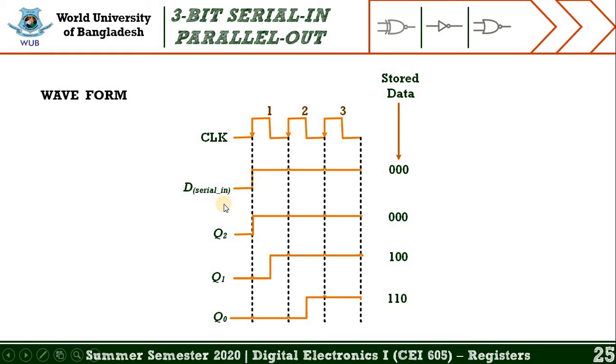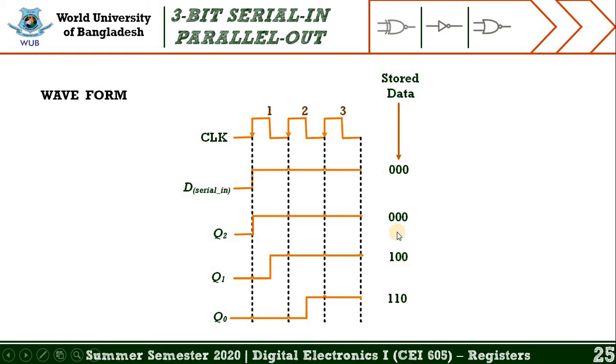In the right section, you may find what kind of data is stored by each individual flip-flop, or by the shift register as a whole. The D serial in, at the initial condition, stores only 0, 0, 0 data. The Q2 is similar to the D serial in, storing 0, 0 data.